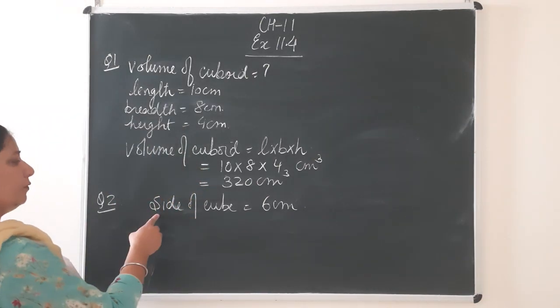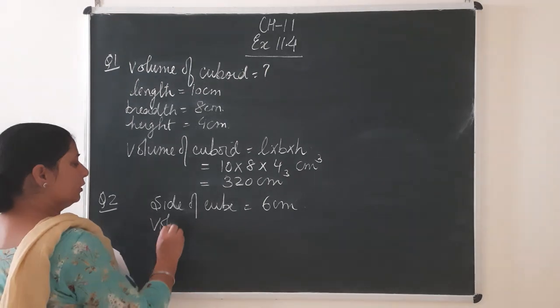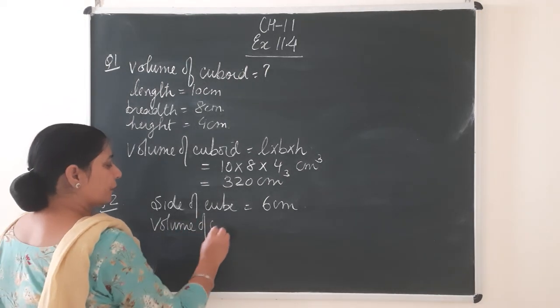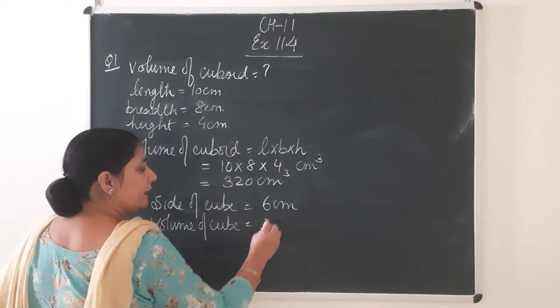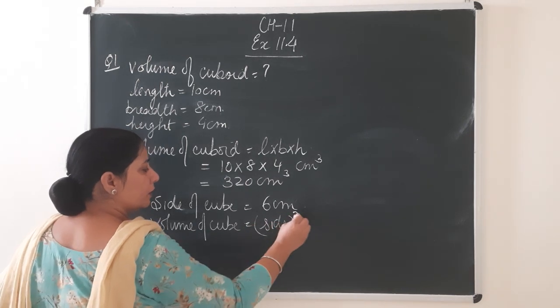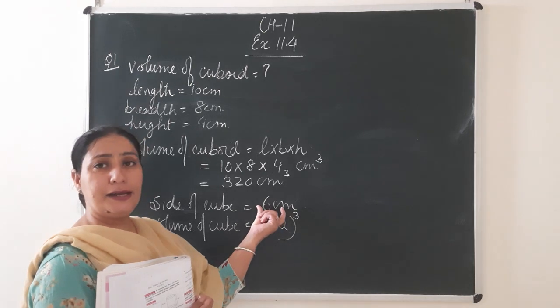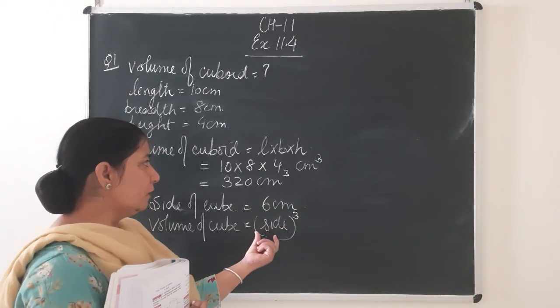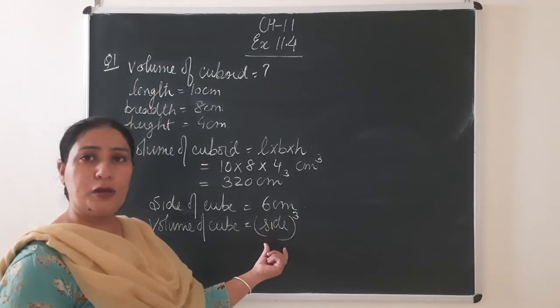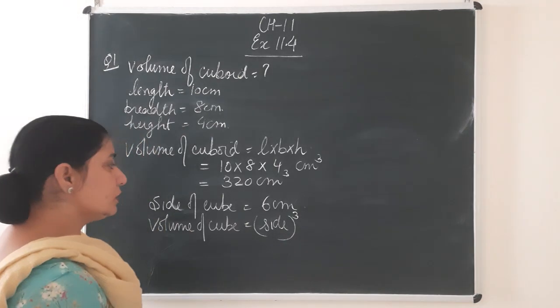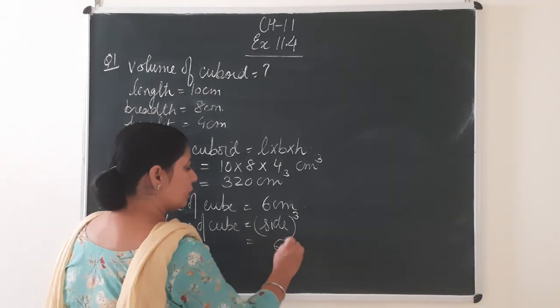So how will you find the volume of a cube? The volume of the cube will be equal to side cube. Why do I write side cube? Because I will be multiplying the same side 3 times, in place of length, in place of breadth, and in place of height. So 6 into 6 into 6, which is equal to 6 cube.